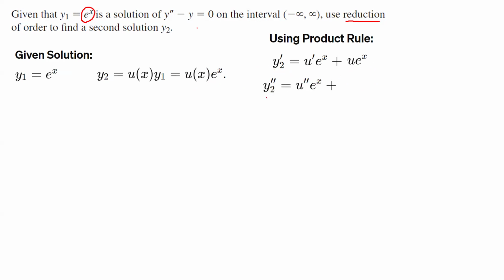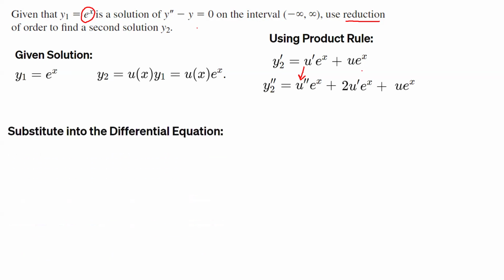The second derivative of y sub 2 is the derivative of u prime, which is u double prime, times e to the x, plus u prime times the derivative of e to the x, which is e to the x. At the same time, from the product rule you have another u prime times e to the x, so you end up with 2u prime e to the x. And finally, u times the derivative of e to the x, which is e to the x.